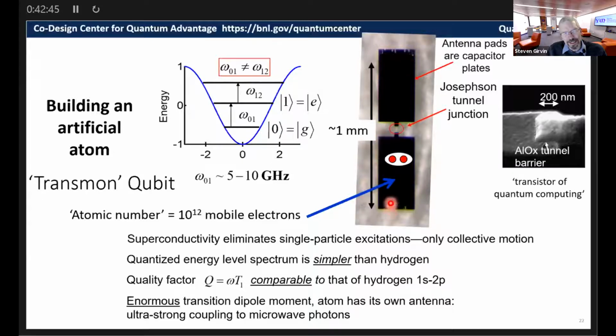The oscillations in the excitations correspond to several pairs of electrons moving a millimeter. So that produces huge, relatively speaking, currents and voltages that couple extremely strongly to microwave photons, which is how we talk to, measure, and control these artificial atoms. And this idea of having artificial superconducting atoms talking to microwave photons in electrical circuits we call circuit quantum electrodynamics, or circuit QED.